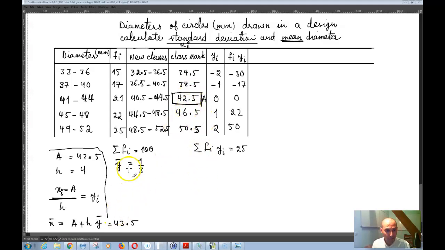Anyway, now that we have calculated this, we can calculate the standard deviation.